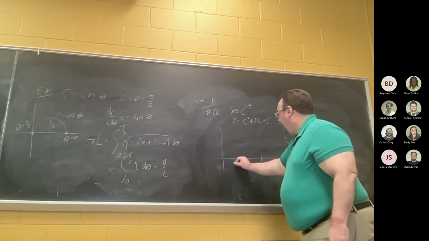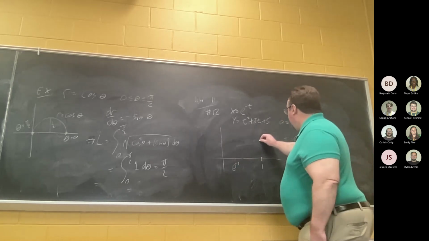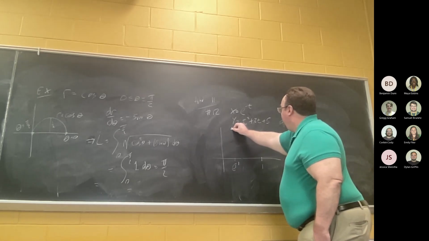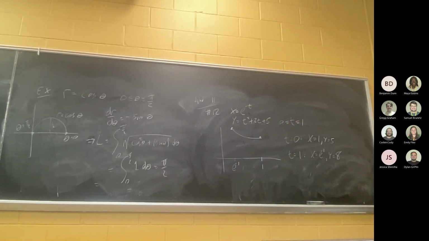So e to the minus 1 is somewhere in here. We're starting at this point, 1, 5, and we wind up here.